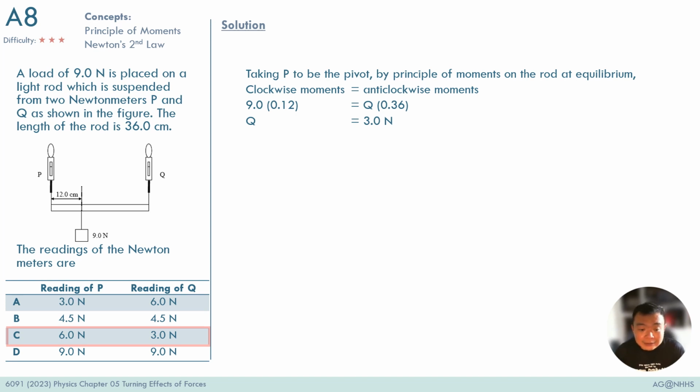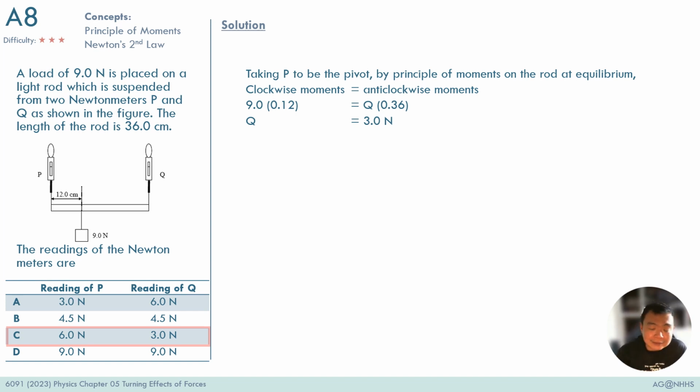The clockwise moment is caused by the 9 Newton weight hanging 0.12 meters away from the pivot point. And the anti-clockwise moment is caused by the upward force at Q that is at a distance of 0.36 meters away from the pivot point P.